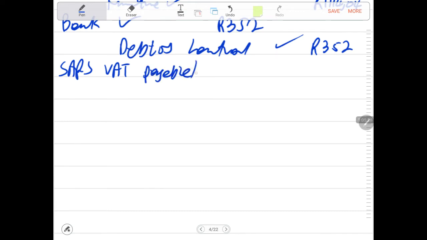Then after VAT control, we credit our bank because we paid SARS. How much have we paid to SARS? In the cash payment journal, it is 5,800.